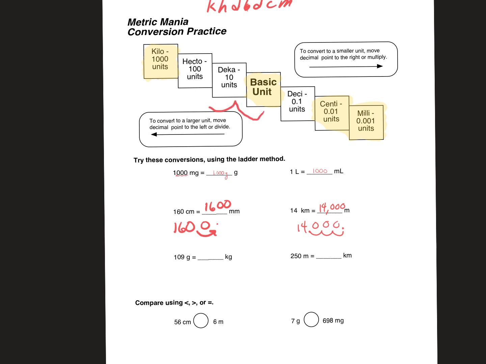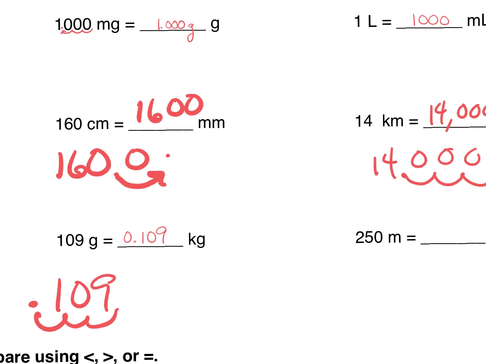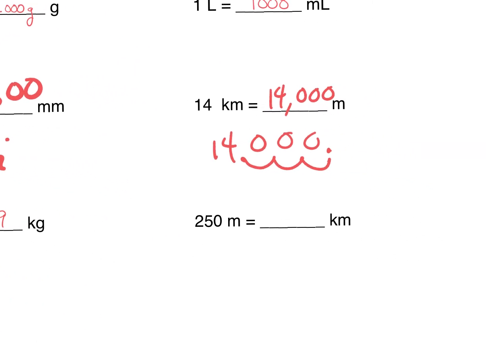So 1, 2, 3 to the left. All right, 109, there's our imaginary decimal point. 1, 2, 3 decimal places to the left. Our answer is going to be 0.109 kilograms.